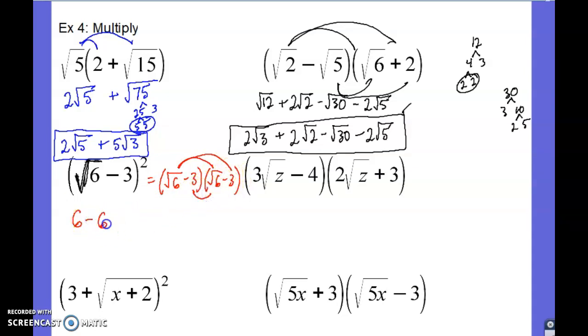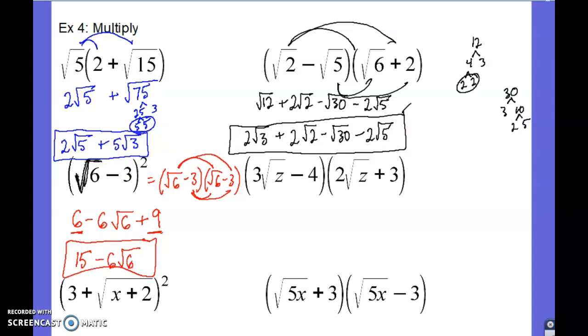That is a total of negative 6 root 6. And negative 3 times negative 3 gives me positive 9. But just like before, I do want you to simplify where you can, and not having a radical is just like being a like radical. So the best answer that I want to see is 15, 6 plus 9, minus 6 root 6.